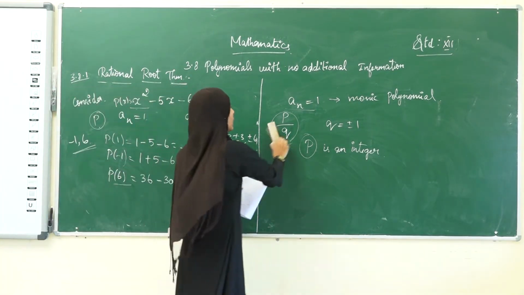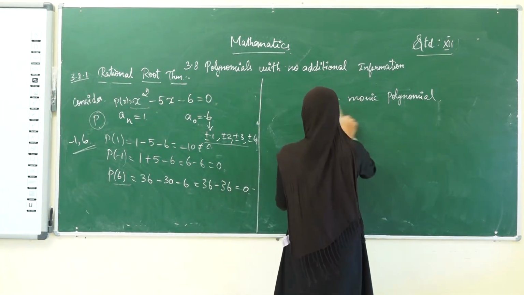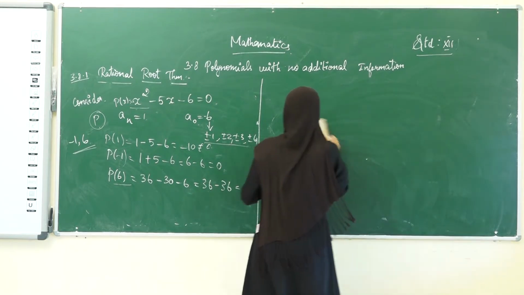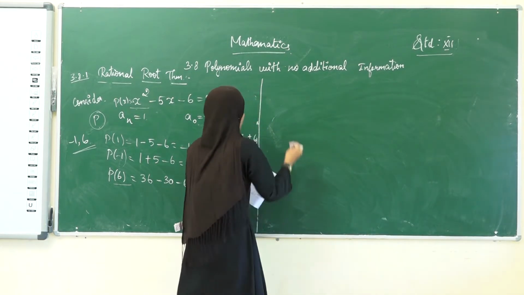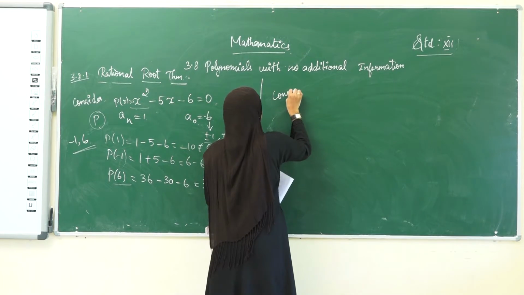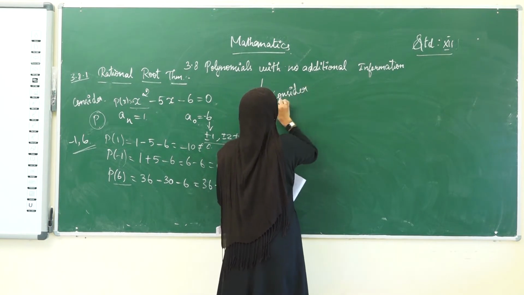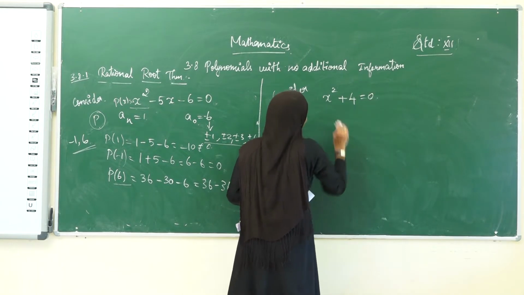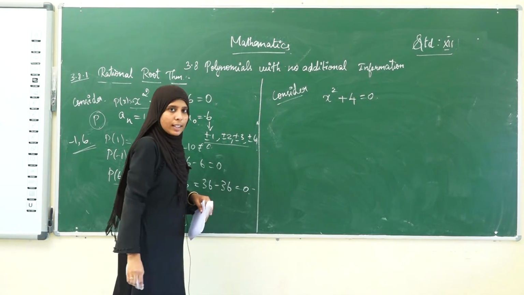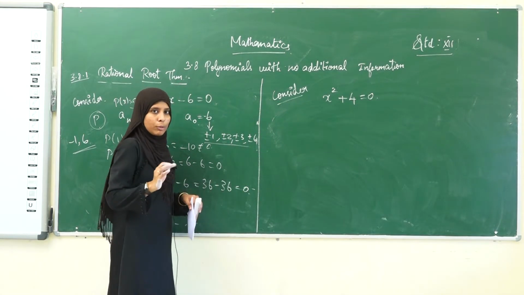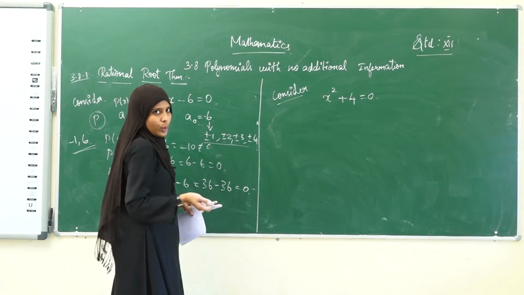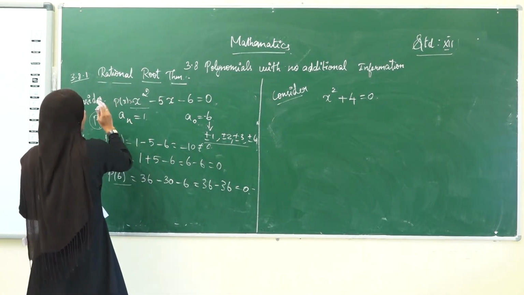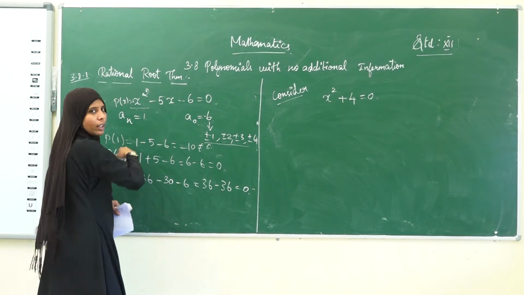They have also considered another equation. Consider x square plus 4 equal to 0. See, we found that the trial and error method is not applicable for every equation. Similarly, is this rational root method applicable for every equation?